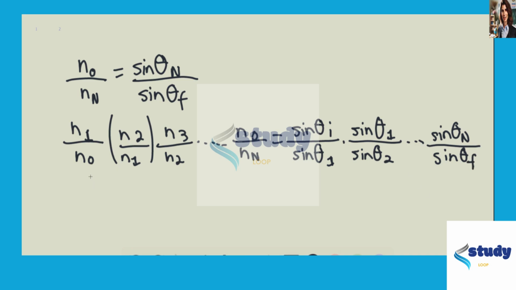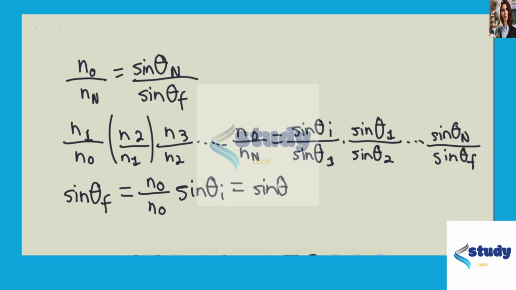Now we see that the left-hand side of the equation above can be reduced to n naught over n naught, while the right-hand side is equal to sine of theta sub i divided by sine of theta sub f. So essentially, sine of theta sub f over sine of theta sub i equals n naught over n naught, which cancels out, so sine of theta sub f equals sine of theta sub i. The incident angle would be equal to the final angle.